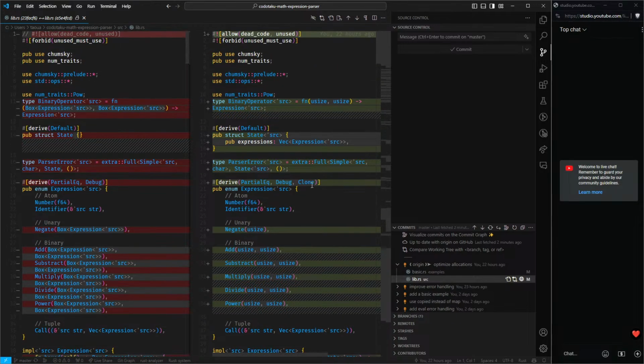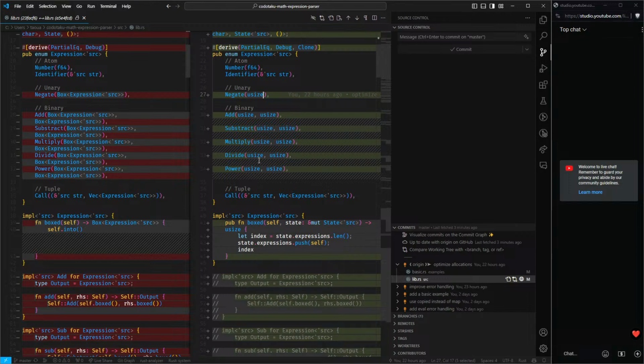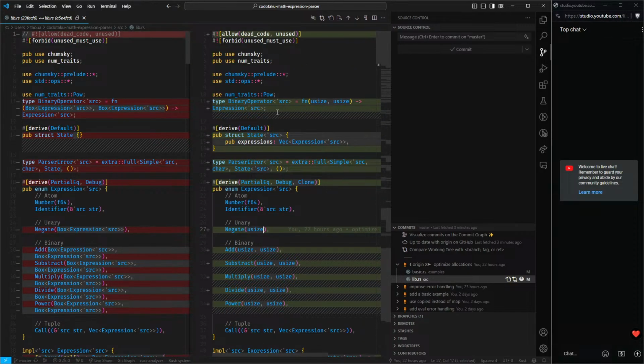Basically before, we had boxes for every single branch of our AST, which is horrible as you can imagine. So the state now contains a vector of expressions.